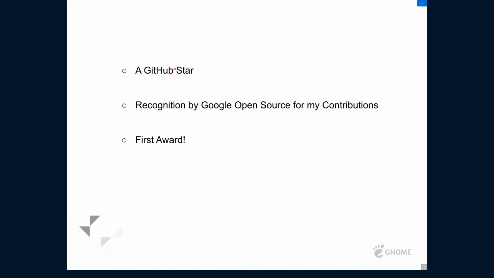And also, I got an award as a GitHub Star. So when the award came, it was so beautiful, and it made me love more things about contributing to open source.